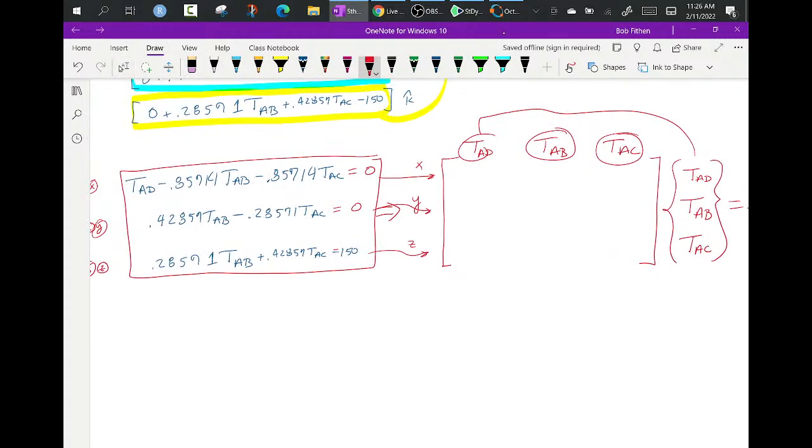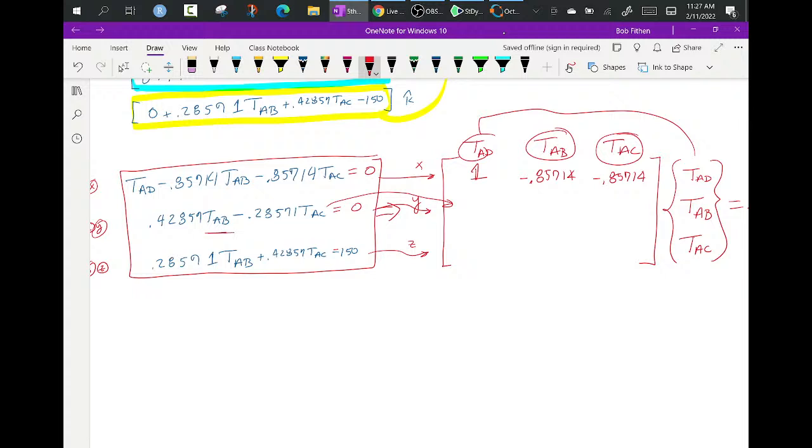Okay, the first equation, the coefficient of TAD is 1. The coefficient of TAB is minus 0.85714. The coefficient of TAC is minus 0.85714. Let's go to the second equation.